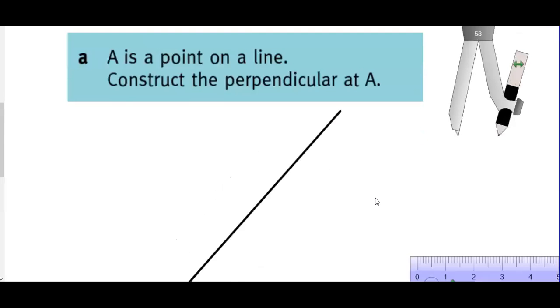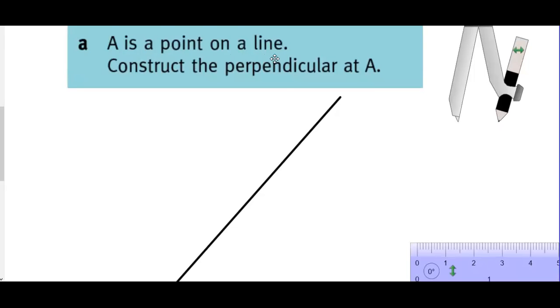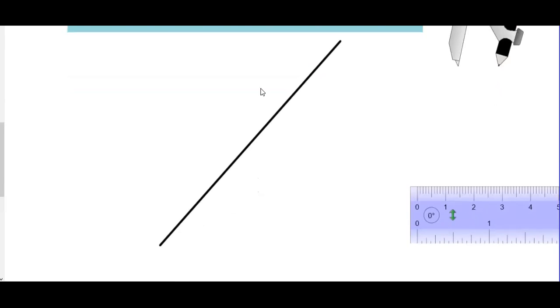So I'm going to use this line to construct a perpendicular at a point which is on a line. So A is a point on a line. Now I want to construct another line which will form an angle of 90 degrees somewhere there.